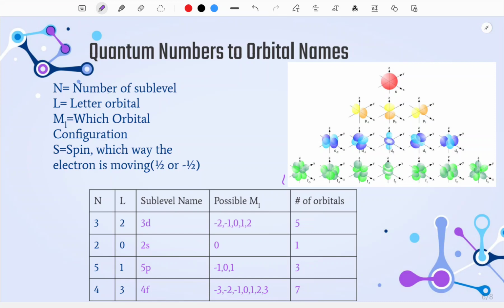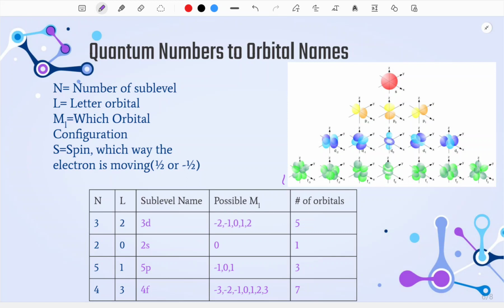So your n is going to be the number of your sublevel, right? So if you're given 3, it's going to be a 3 in front. So you're looking at your third sublevel for whatever letter orbital you're given. And then same thing here. It's going to be a 2, so you're looking at the second s subshell is where the electron is going to be.